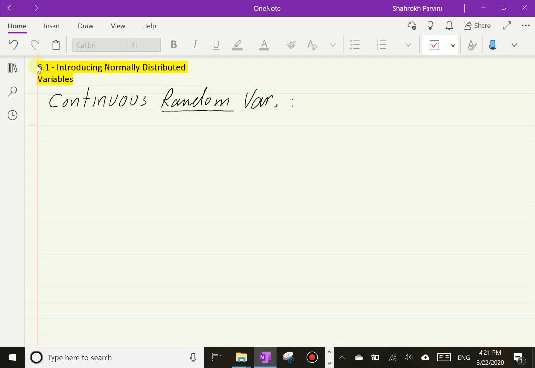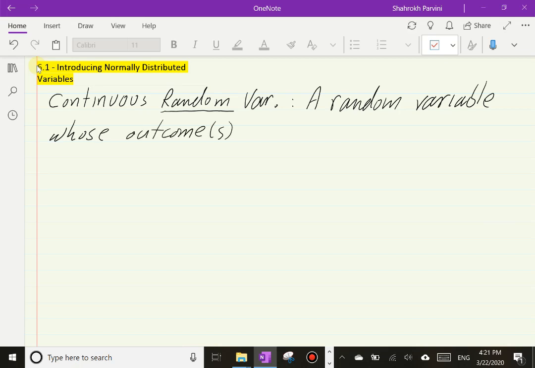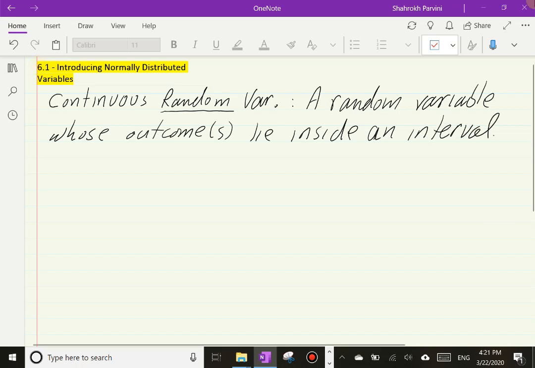So a continuous random variable, let's call this a random variable whose outcome or outcomes lie inside an interval. And we talked about numerous examples when we talked about continuous variables.